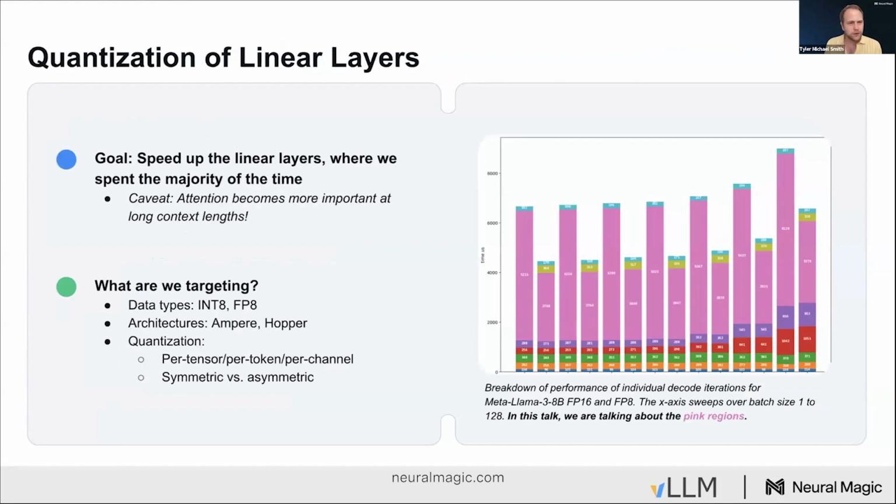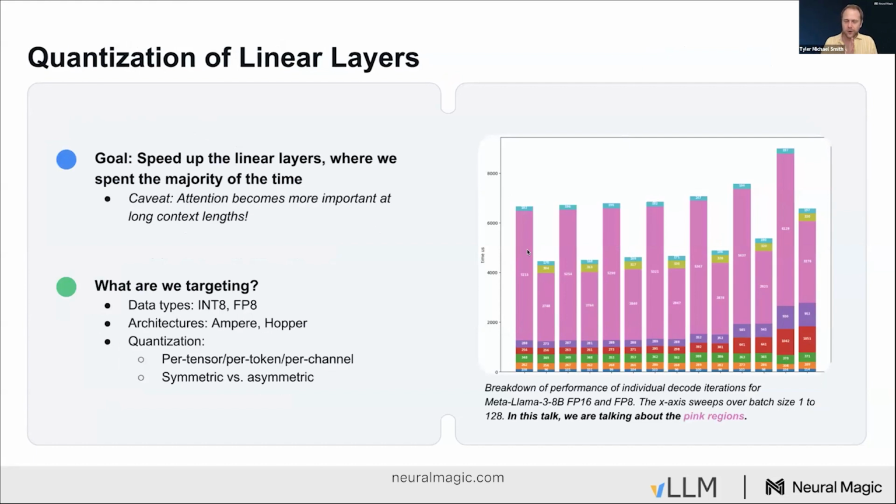So yeah, we're talking about quantizing linear layers, where we really spend the majority of the time. One caveat there is, as the context length becomes larger, the time we spend in attention starts to dominate. You can start to see this on the right plot.